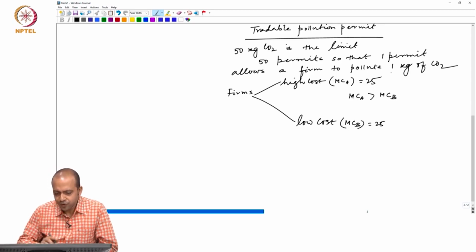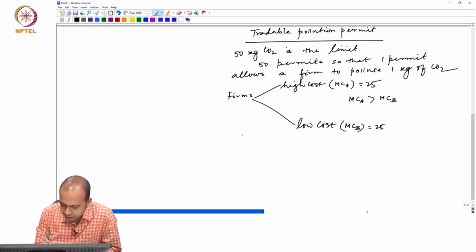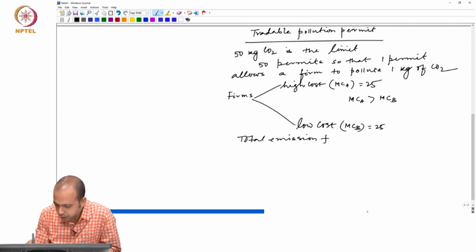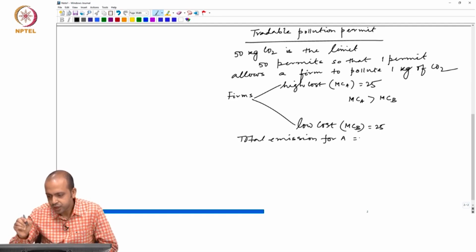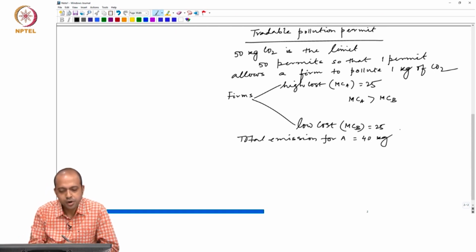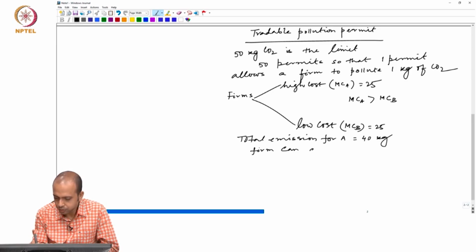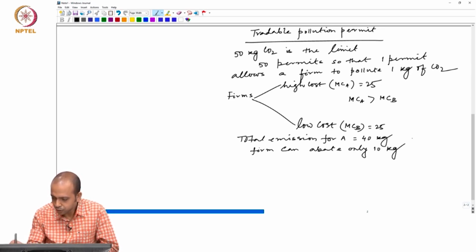Let us say that the total emission for firm A is actually 40 kg, and firm A can abate only, let us say, 10 kg, right, 10 kg.